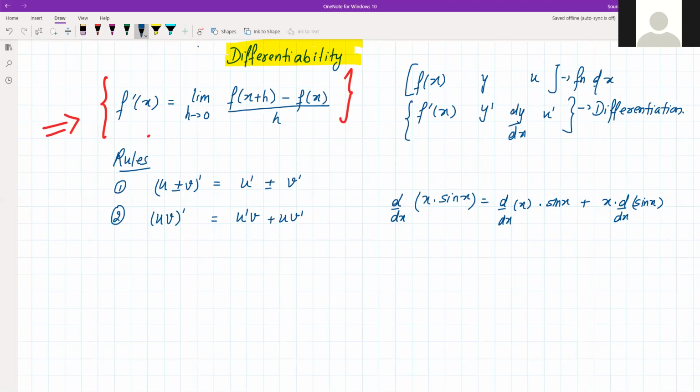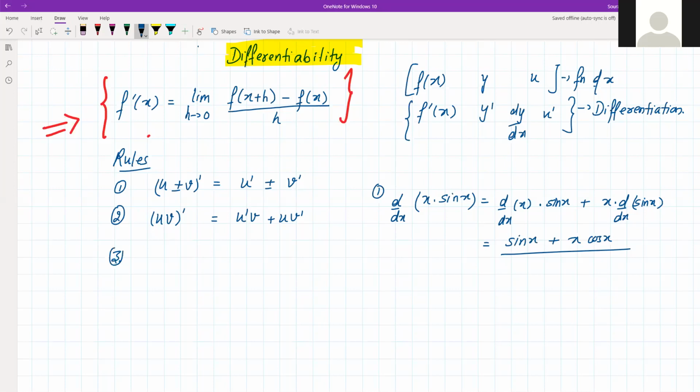Because there is a plus sign here, whether you reverse the order or you follow the same order, it doesn't matter. So this is actually sine x, differentiation of x is 1, plus x into differentiation of sine x is cos x. So that is sine x plus x cos x. This is an example of the product rule.